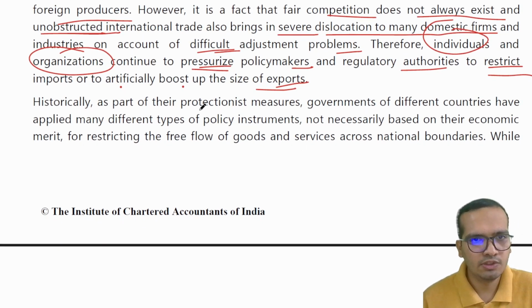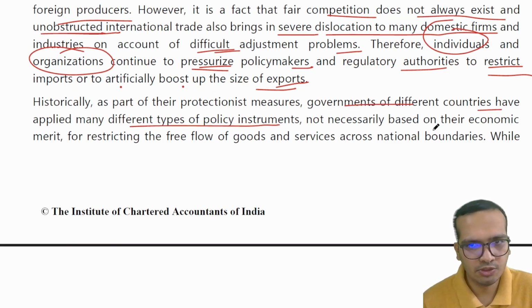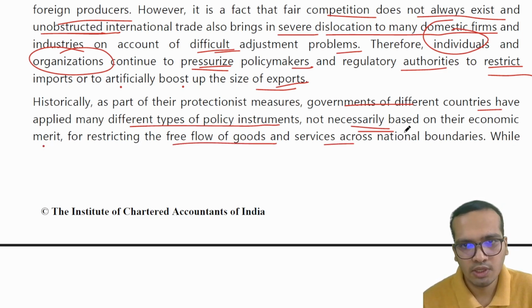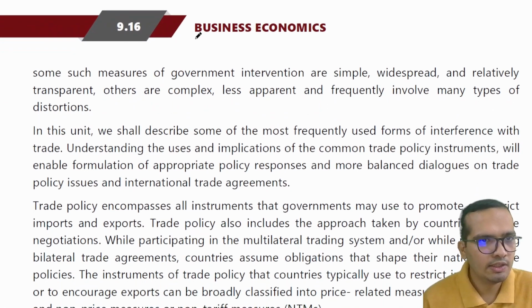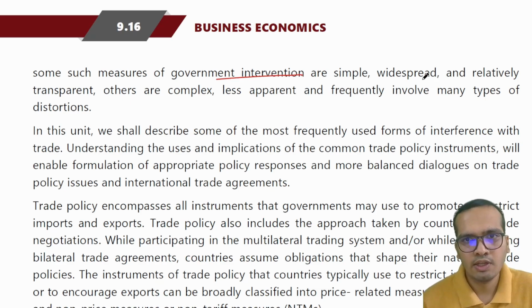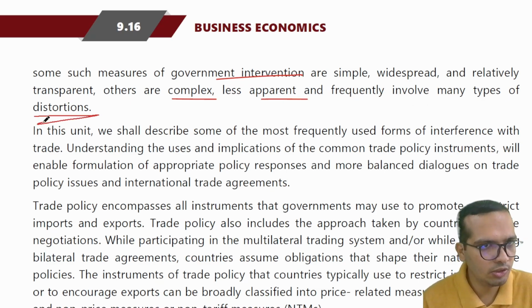Historically, as part of these protectionist measures, governments of different countries have applied many different types of policy instruments, not necessarily based on their economic merit, for restricting the free flow of goods and services across national boundaries. While some such measures of government intervention are simple, widespread, and relatively transparent, others are complex, less apparent, and frequently involve many types of distortions.